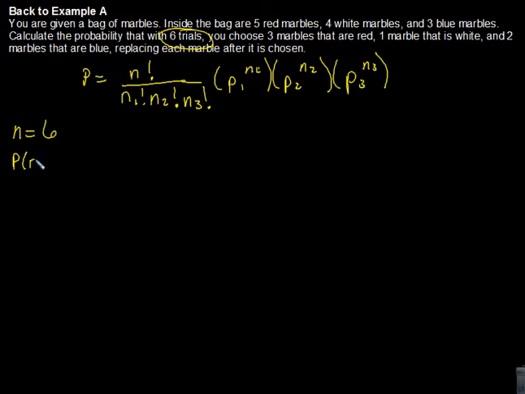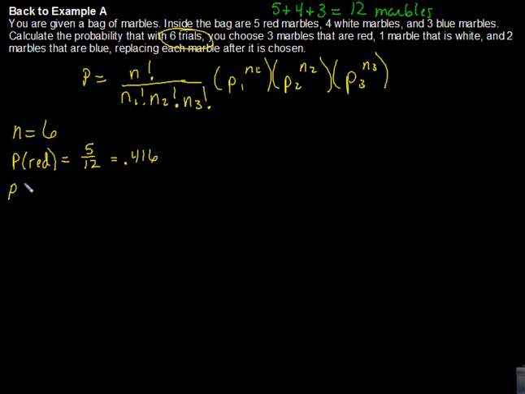Probability of a red marble. Well, first I need to figure out what are my total number of marbles. I have 5 red, 4 white, and 3 blue. So I have 12 marbles total. My probability of a red marble is 5 out of 12. So that's 0.416.